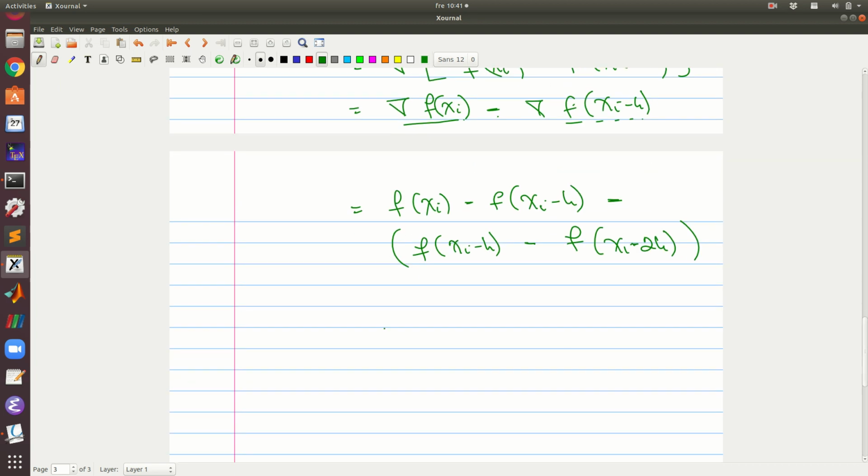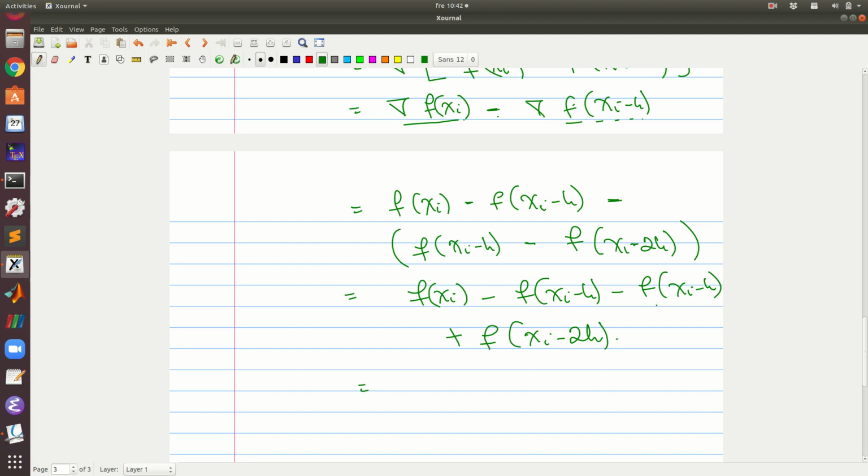So we can open the brackets and then say this is going to be f of xi minus f of xi minus h minus f of xi minus h, oh sorry, this is going to be now plus f of xi minus 2h.